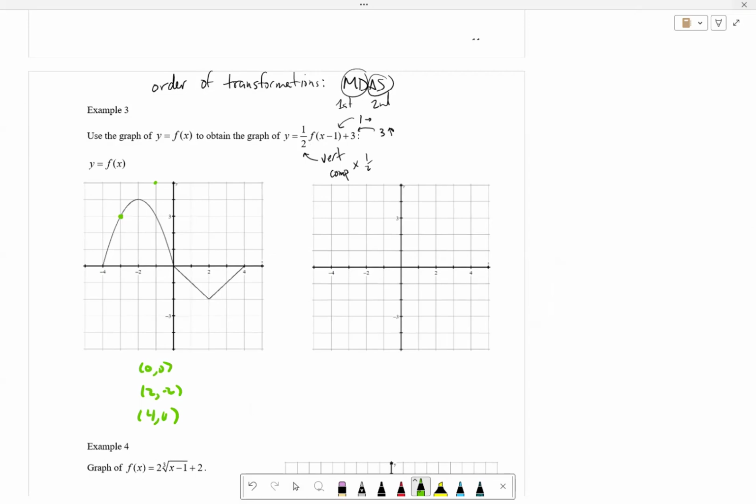Then I multiplied the y by a half. So times 1/2, this became 0, 0, and then change the x to +1, and then add 3 to the y. So you got 1, 3.